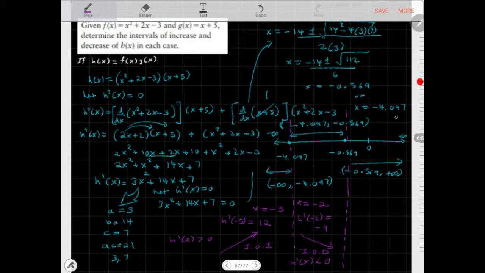Okay, and the last interval is between negative 0.569 and positive infinity. You can literally plug in any number. Let's do 0 because it's a lot easier, right? And you can see that h prime of 0 is equal to 7. So this tells us that this is an interval of increase, because h prime of x is greater than 0. Okay, so those are our intervals of increase and decrease.